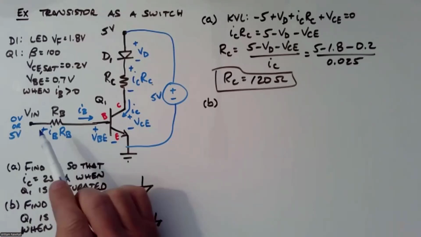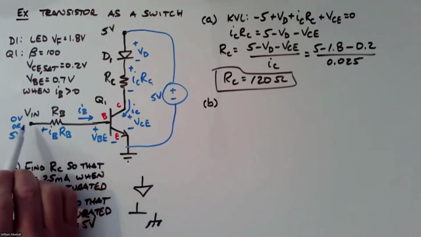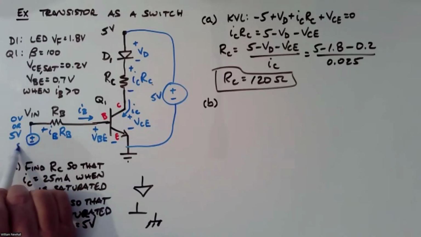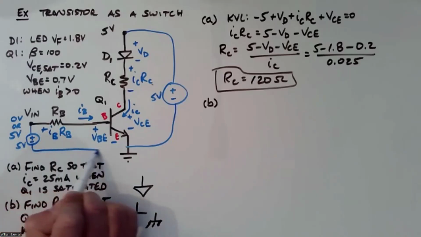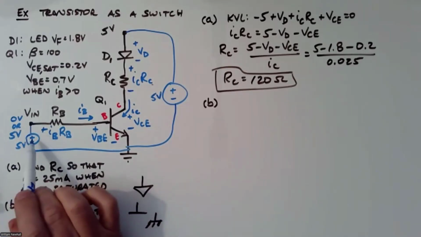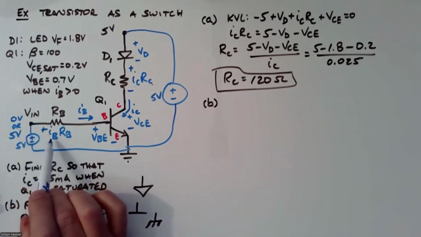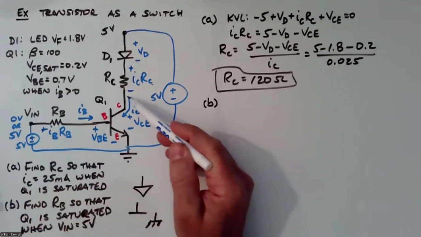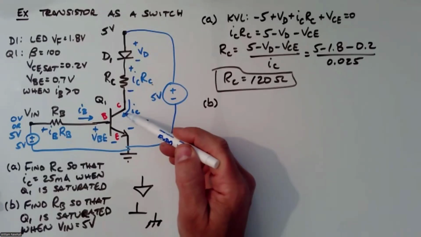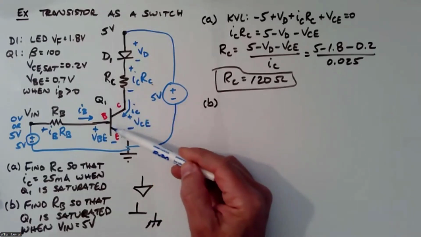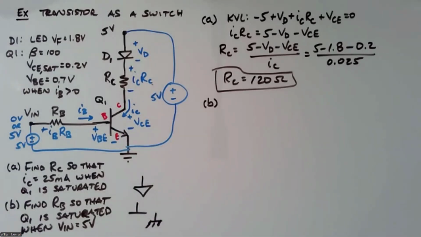I know VN is 5 volts, and remember, if you want to, you can draw a source here, plus minus 5 volts, connected to ground. That's how VN becomes 5 volts. We're going to figure out what current we need based on IC. VBE we know is 0.7 volts when current is flowing into the base.